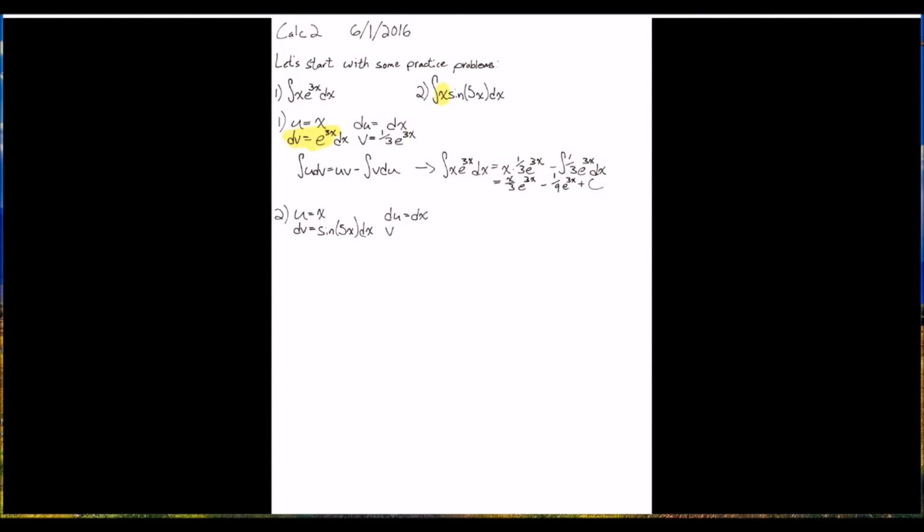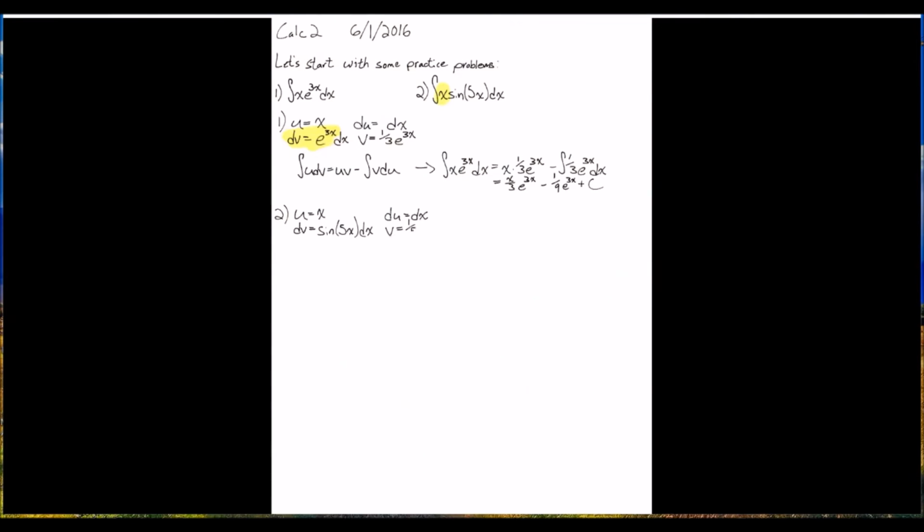And now we've got this v term. So we're integrating sine of 5x, right? Now what trig function gives us sine? If we're taking a derivative, we get cosine. But if we're taking an integral, we're going to get this negative cosine, right? And this 5 doesn't become 5 outside, it becomes a 1/5 because we're taking an integral, right?